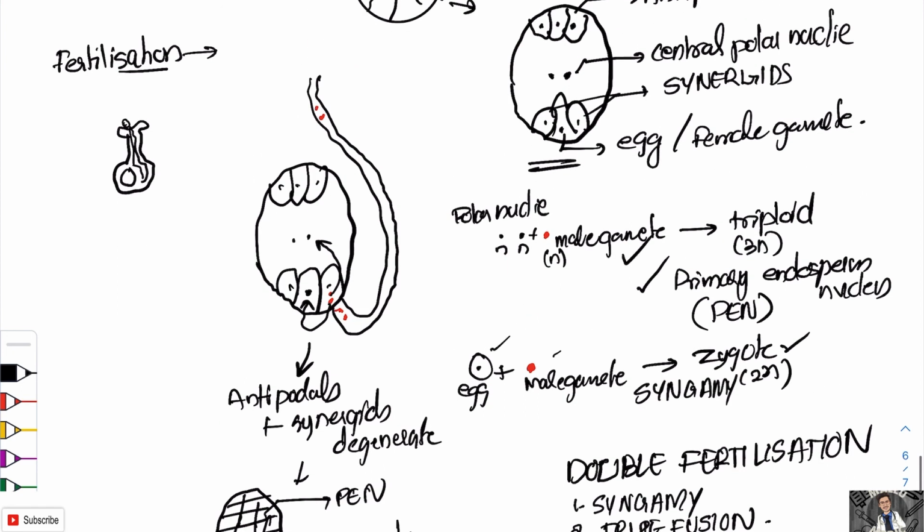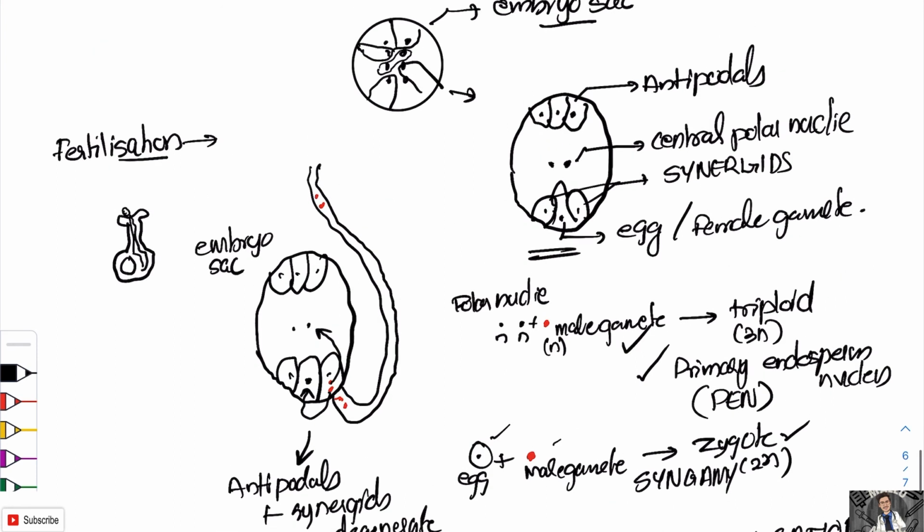Another thing about the embryo sac, here let me illustrate. The embryo sac is a 7-celled and 8-nucleated structure. Let us see.